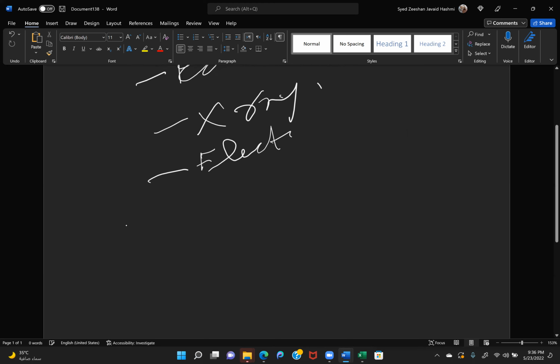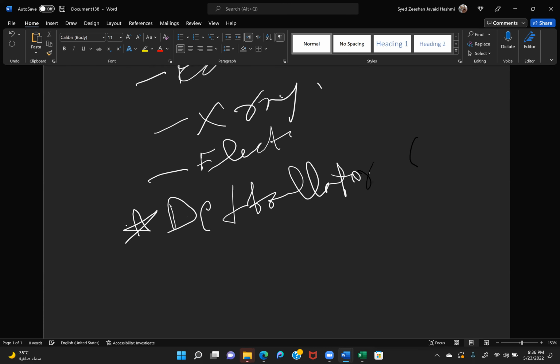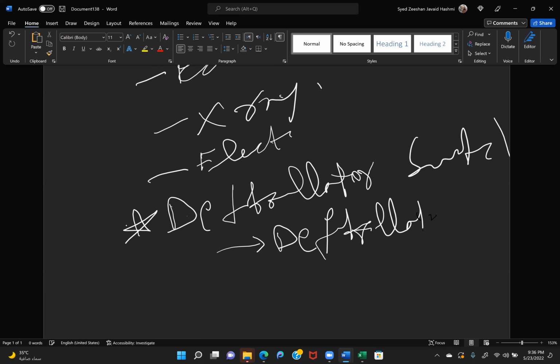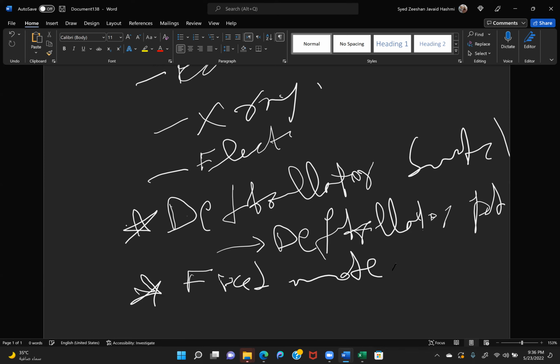Then two things you have to see: the defibrillator function, you have to switch off. Now how to tackle it? You will attach defibrillator pads, and you will put the pacemaker on fixed mode, whatever mode it was.